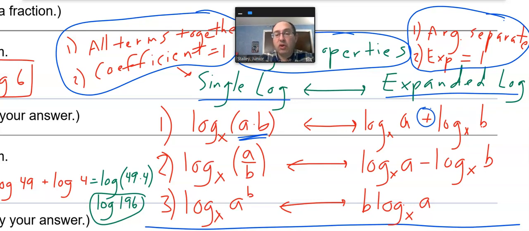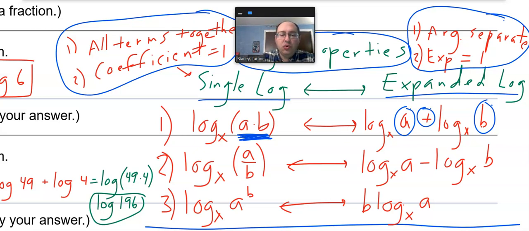Likewise, going the opposite direction, you can take the sum of 2 logs and put it back together into 1 log of a product. Now, it's not log times log. It's taking these arguments, the a and the b, in 2 separate logarithms, and multiplying them together into one product and taking the log of that product.